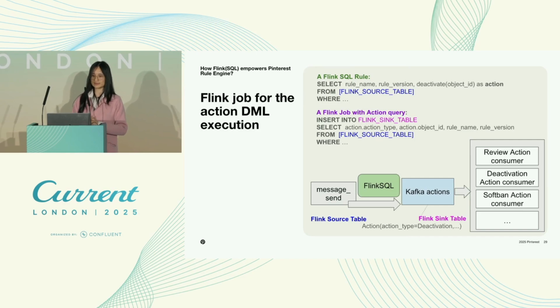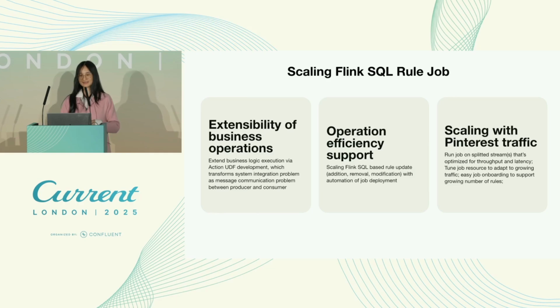In the world of Guardian, Kafka action is the sink of all the Flink SQL rule jobs, and a cluster of consumers, which is a cluster of services listening on different executions, including clusters for rule review, for deactivations, and for software ban. That wraps up the simple Flink SQL rule job.